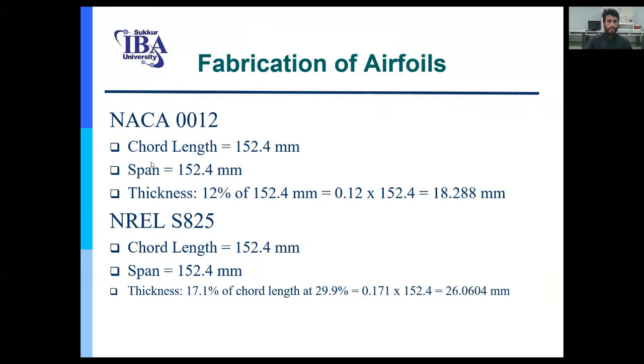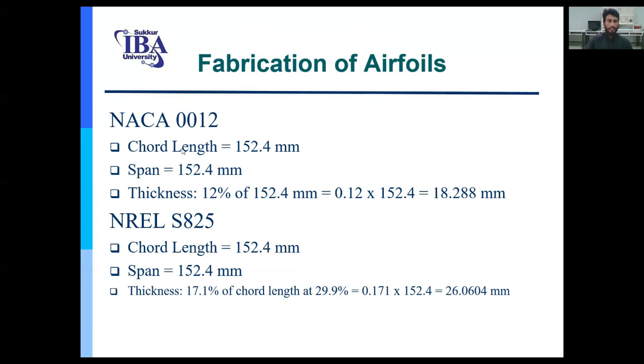For fabrication, these parameters are required for each airfoil that we fabricate. For NACA 0012, the chord length we selected is 152.4 millimeter. This is because in the Fluid Dynamics lab there is a testing airfoil for the wind tunnel test.